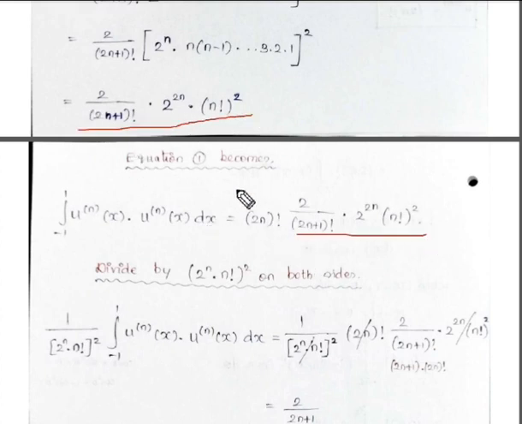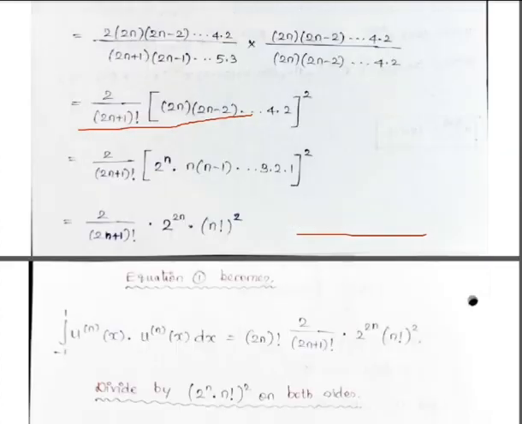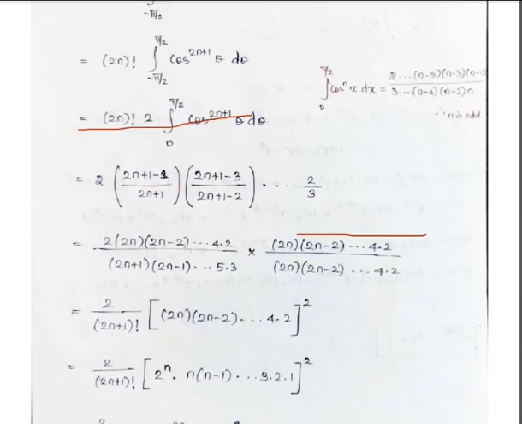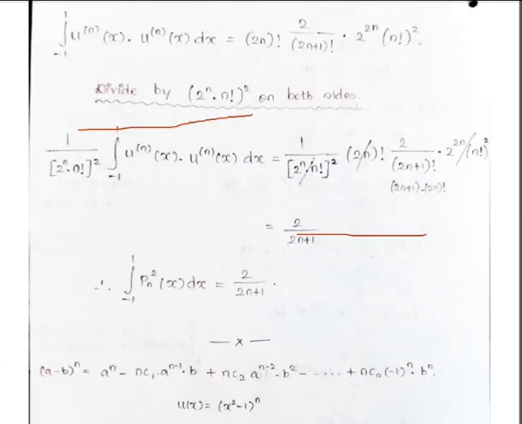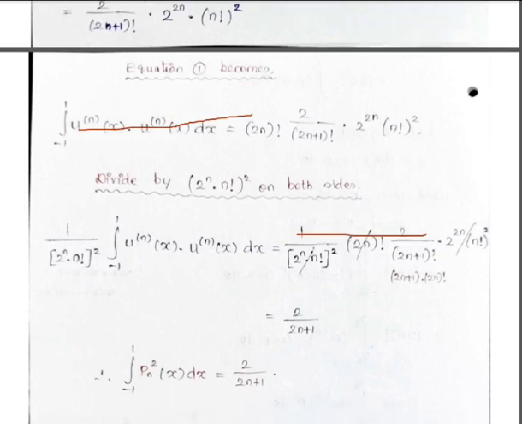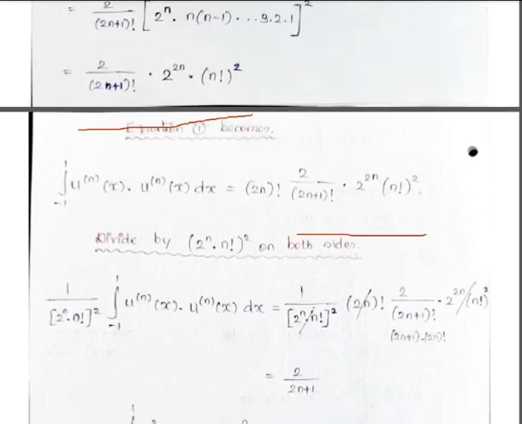We write this, and additionally add this 2n factorial into 2 by, we write this. Now divide by 2 power n into n factorial whole square on both sides.